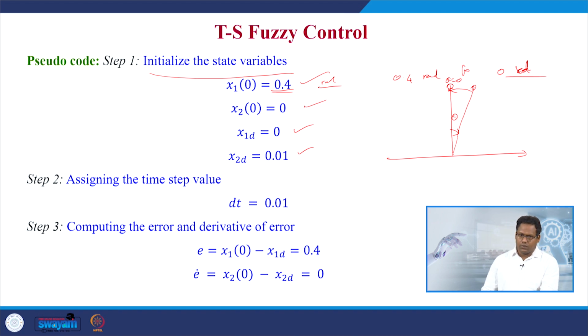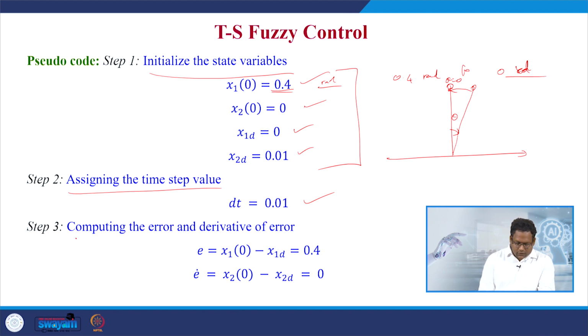This is the situation here. So, once we initialize the state variables, then we need to do this in discrete time. So, we have the sampling period assigned, let us say delta t equal to 0.01 second.